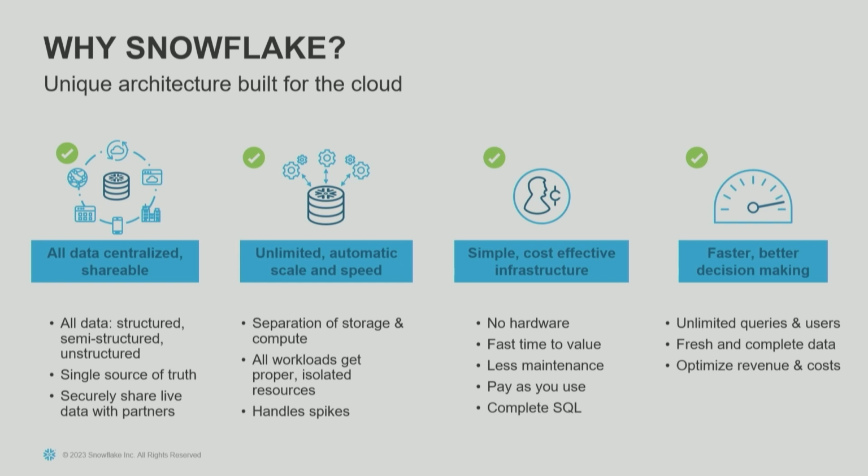Snowflake has a simple, cost-effective architecture, and we run in the cloud as a service, so we don't have to buy any hardware, right? And this will help you get faster time to value. With all this, Snowflake customers get faster and better decision making.